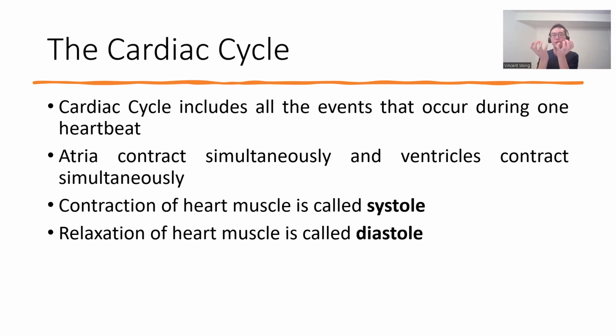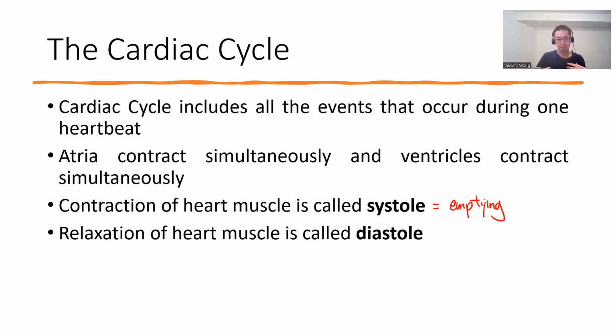But when it's time for the ventricles to squeeze, the atria will be relaxing. Contraction of the heart muscle is called systole. Whenever a chamber is undergoing systole, whenever it's contracting, it is emptying, getting the blood out of it.